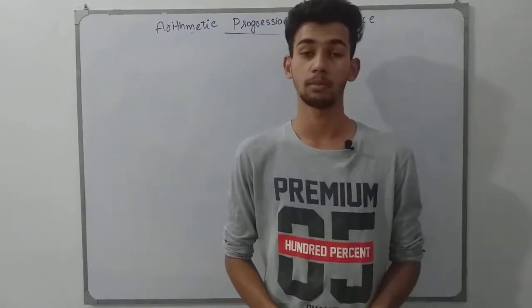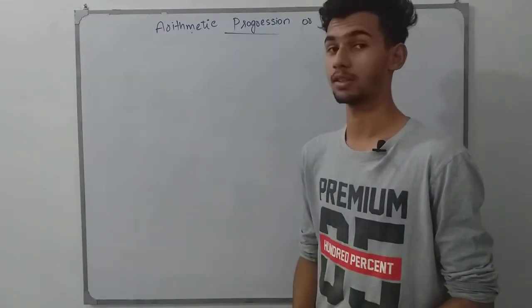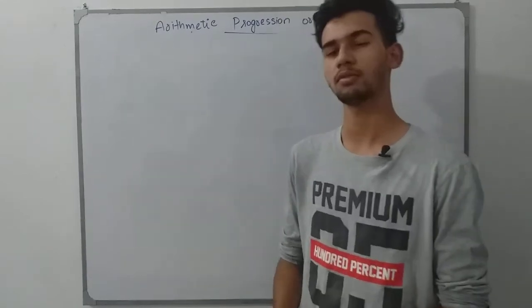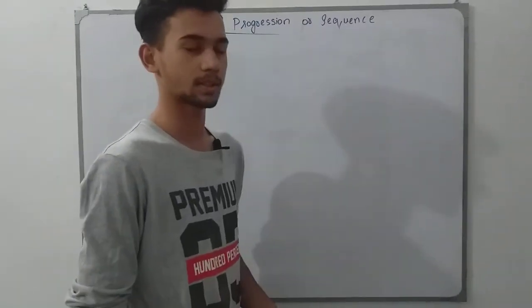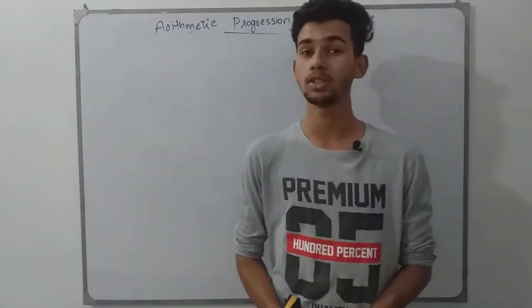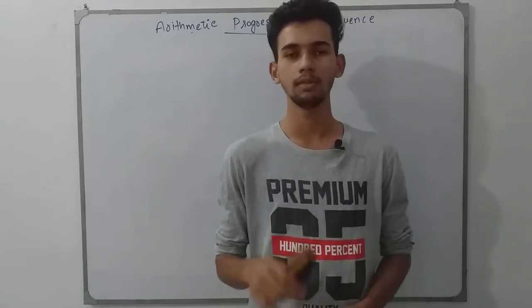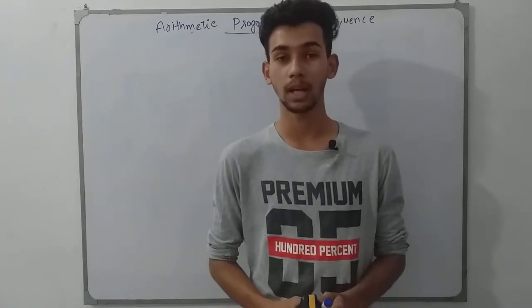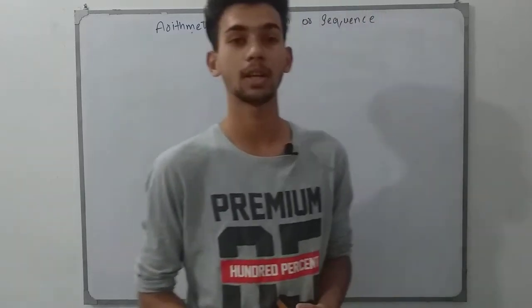So guys, today's topic belongs to mathematics, in which we are going to study arithmetic progression, which is most often known as arithmetic sequence. Now what is a sequence? A sequence is something in which we have integers, or maybe sometimes fractions, but we will find a specific pattern or an order in them, which must be represented by the common difference.